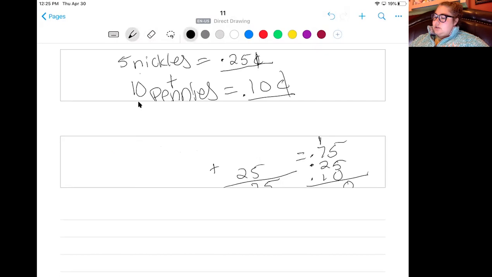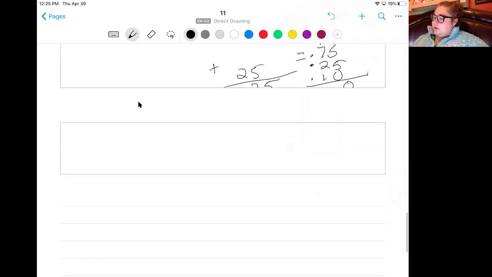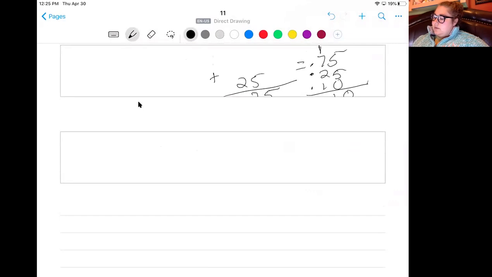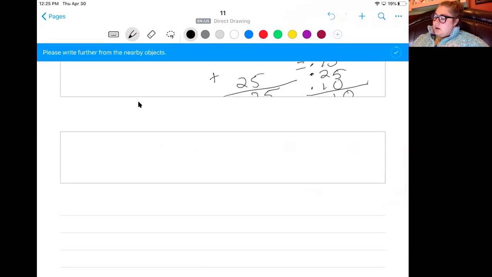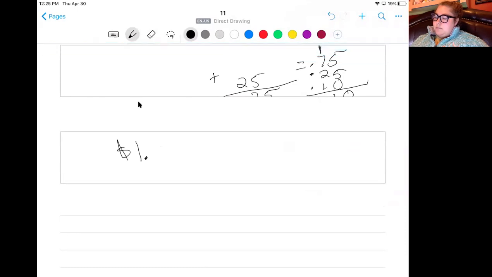Oh, well, I shouldn't have done that. I could have just done a new thing. All right, so it was 11, right? So that 1 becomes a $1. You have a whole $1.10. Okay, so that's how you're going to write that. You're going to put a money sign, $1.10.